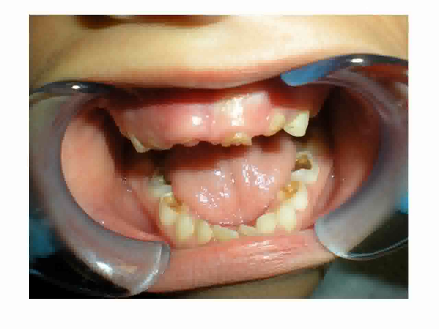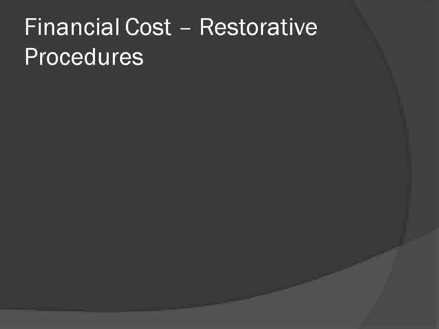From a financial standpoint, one of the things we have to look at is how much it costs to restore teeth that are in this bad of a condition. One study from 2000 looked at children in Louisiana that were treated in a hospital setting.